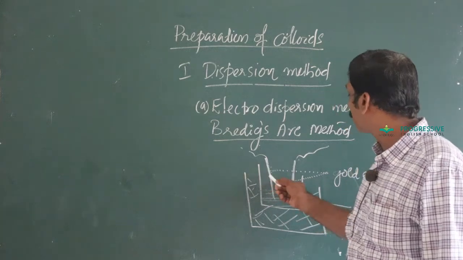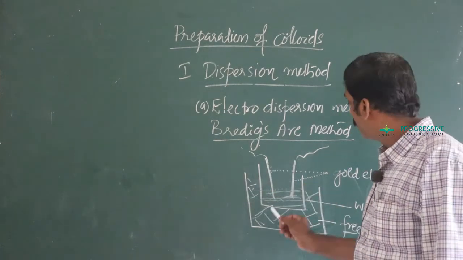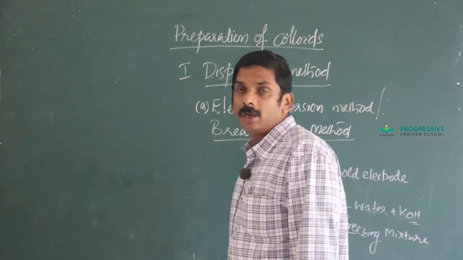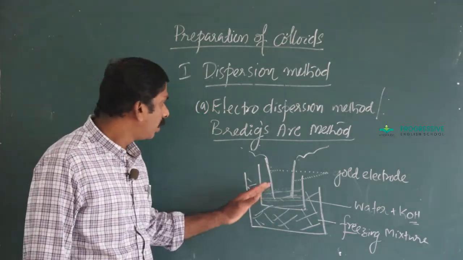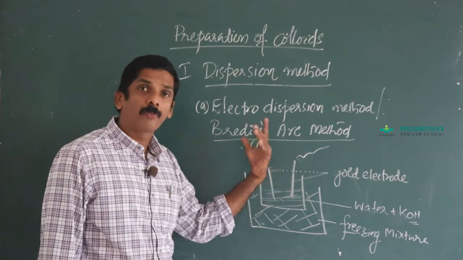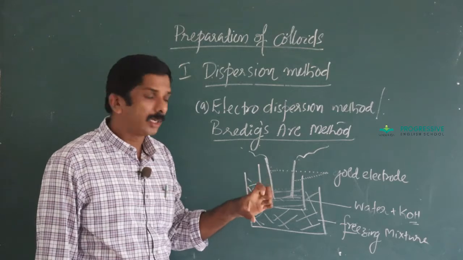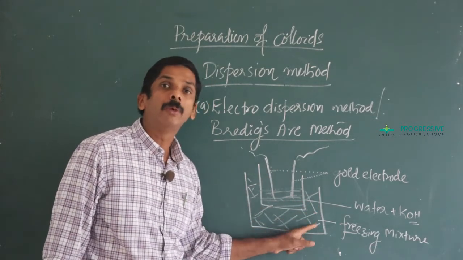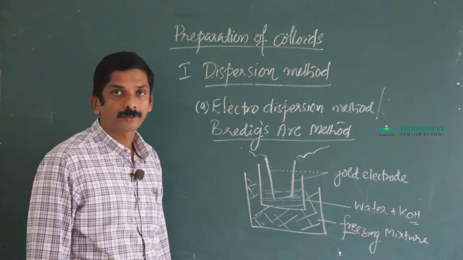A high intensity electric current is applied between two gold electrodes dipped in water containing alkali. KOH is one example; any alkali we can take. Due to the intense heat of the arc, the metal vaporizes and the vapors are condensed in the form of colloidal particles since it is dipped in a freezing mixture.